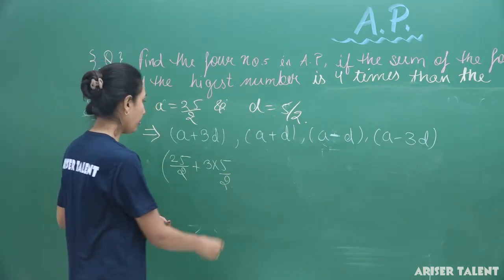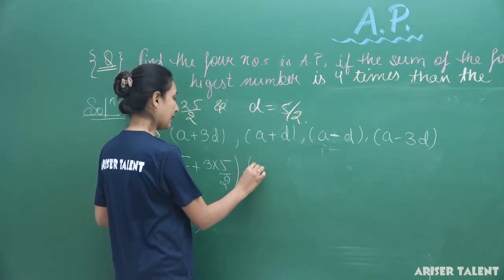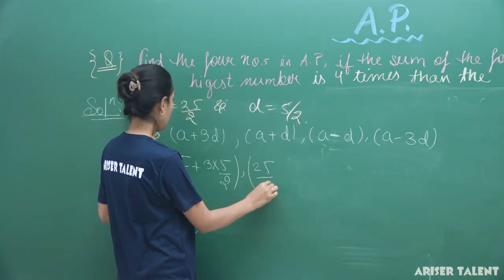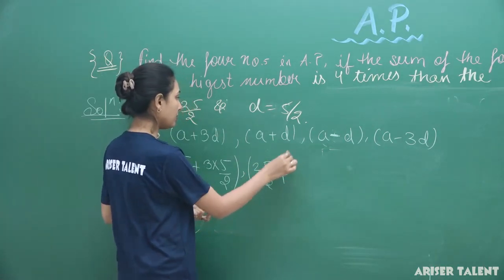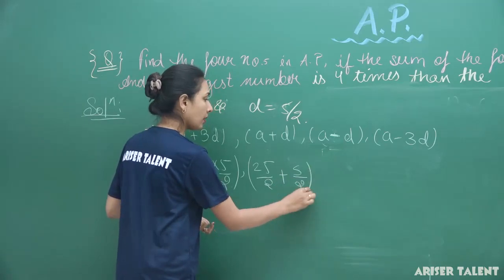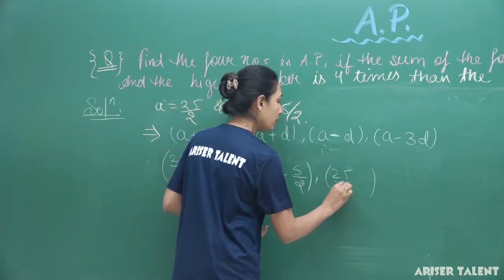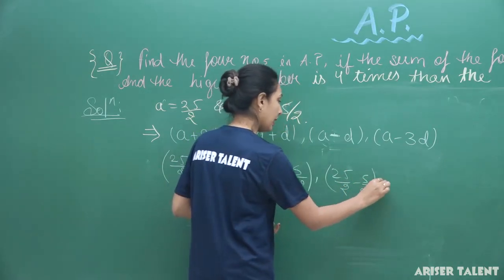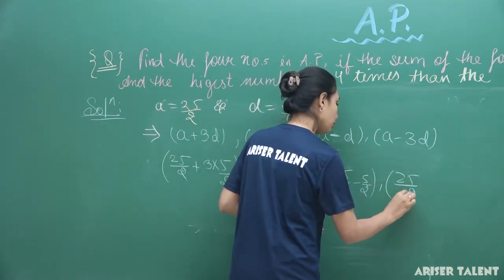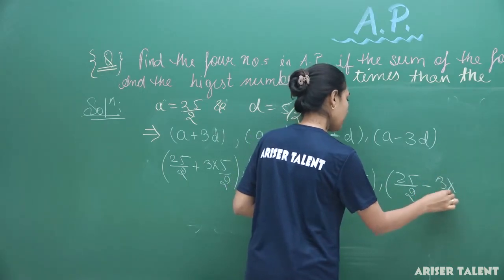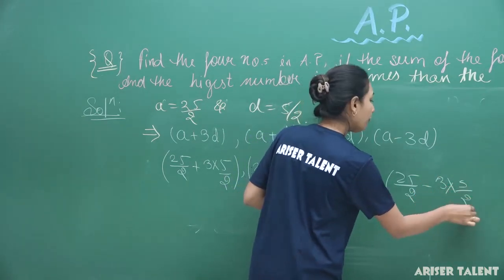Then the next value, 25 by 2 plus d, 5 by 2, then a minus d, this is 25 by 2 minus 5 by 2, and then 25 by 2 minus 3 multiplied by 5 by 2.